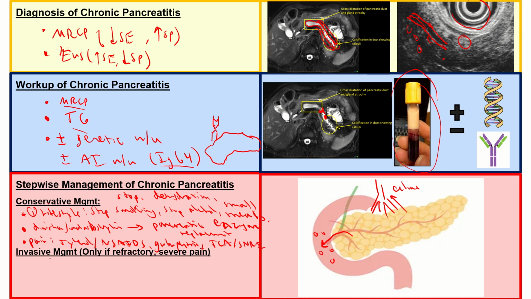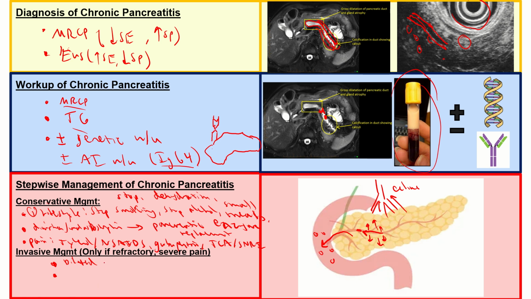Lastly, if all this doesn't work, that's kind of when you go to invasive management. Now invasive management does differ a little bit depending on whether the patient has a dilated duct or a non-dilated duct. If the duct is dilated, that means there's a blockage here, right? So say there's a blockage here and you get dilation of the duct behind it, the pancreatic juices can't escape, and since they can't escape, they're causing chronic pancreatitis flares.